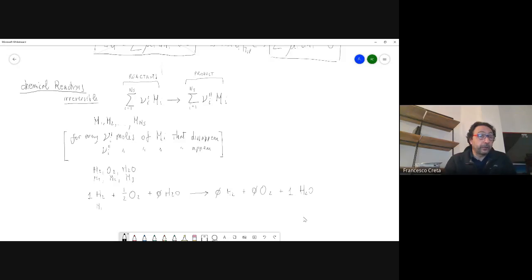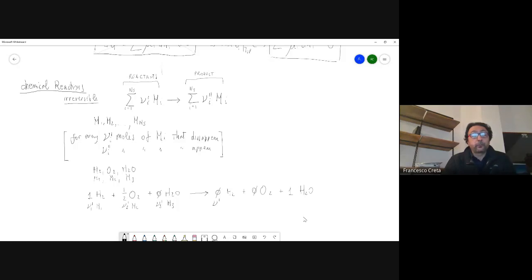I'm writing it underneath. This is simply the stoichiometric coefficient with a prime here, number 1 for hydrogen. Again, this is Ni prime of species number 2, which is oxygen, M2, and this is Ni prime 3 for M3, which is water. And these are the numbers for these coefficients here on the product side.